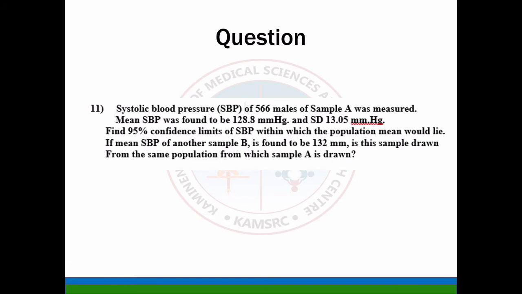So from the sample, you are going to apply it to the population now. If the mean SBP of another sample B is found to be 132 mmHg, is this sample drawn from the same population from which sample A is drawn? That is the hypothesis testing we discussed, whether both samples are from different places or from the same population as A.